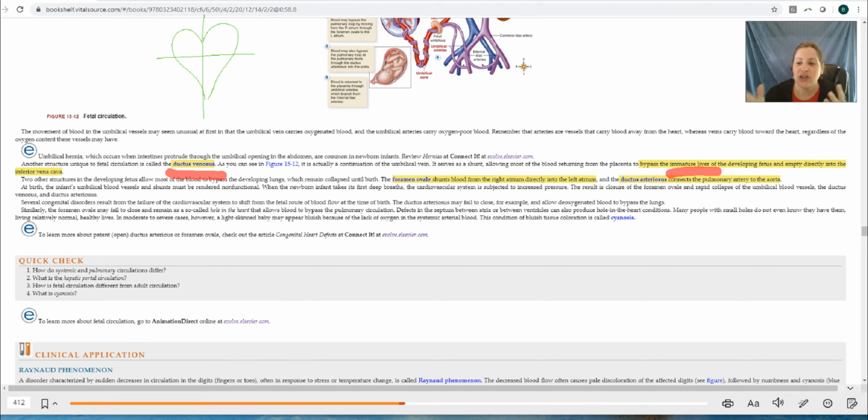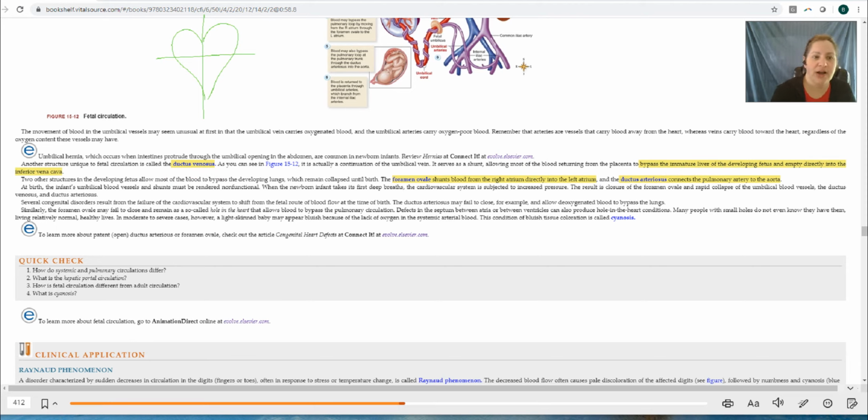So they don't need that second cleaning in the liver like they will once they're born. My cat's jumping up. So that ductus venosus bypasses the immature liver and takes the blood and drops it back into the inferior vena cava, which then it can get back circulating into the heart like we want it to.